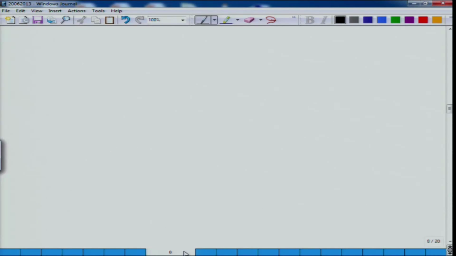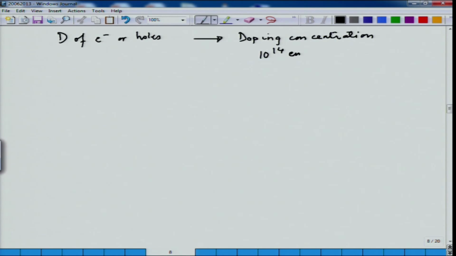So, if we look at what will happen to the diffusion coefficient of electrons or holes if I change the doping concentration, the doping concentration goes from 10 to the power 14 per centimeter cube to something like 10 to the power 19 per centimeter cube, how will my diffusion coefficient change?